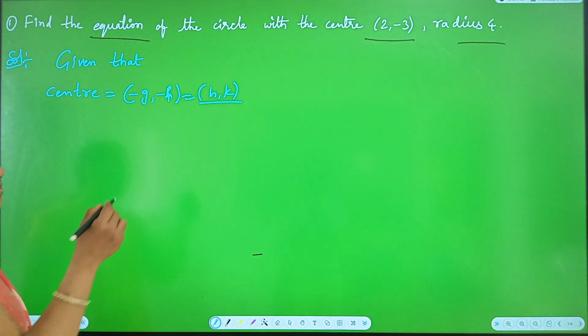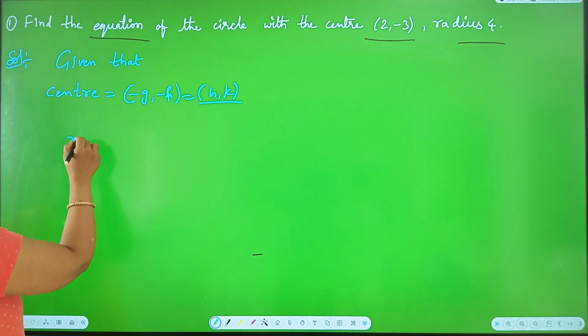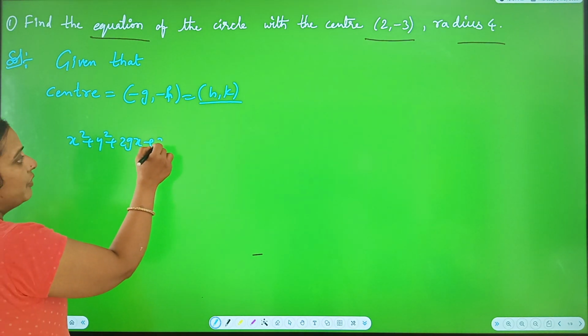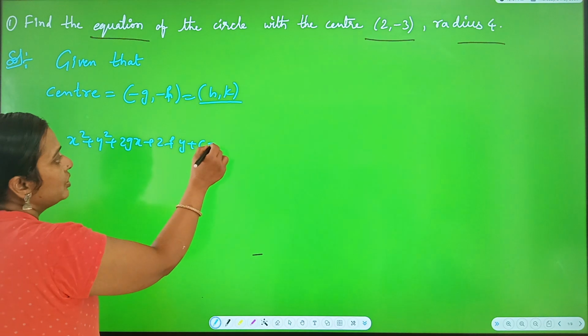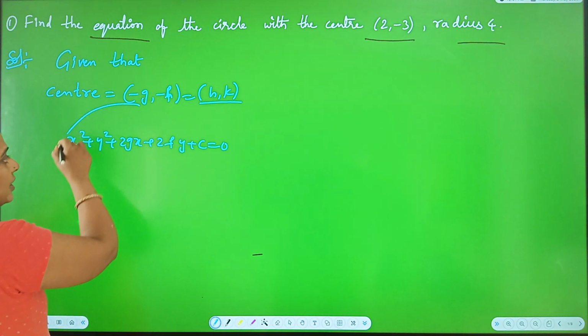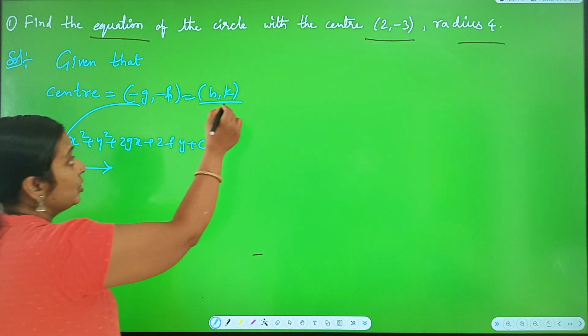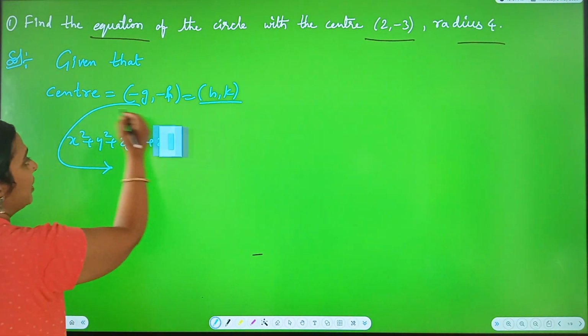The general equation form is x square plus y square plus 2gx plus 2fy plus c equal to 0. In that the center is (-g, -f) and the radius is equal to under root of g square plus f square minus c. But here the suitable center is (h, k).